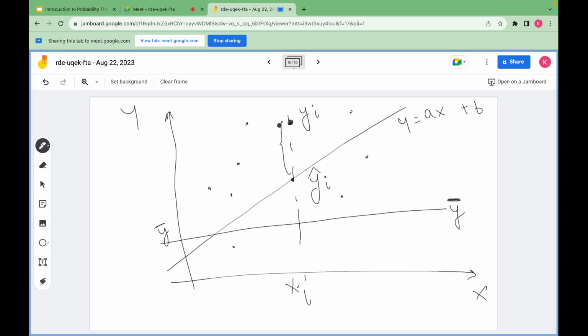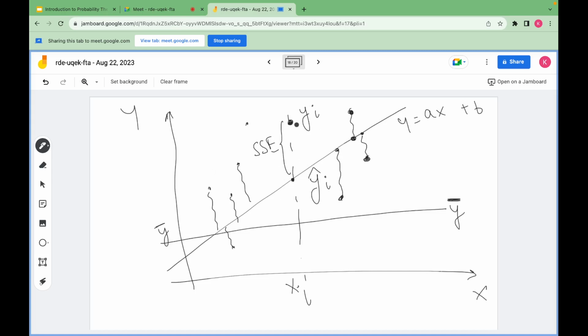The difference between the actual point and the point which lies on the line is the error, the sum of squares of errors.